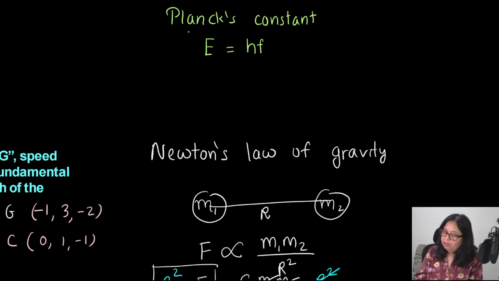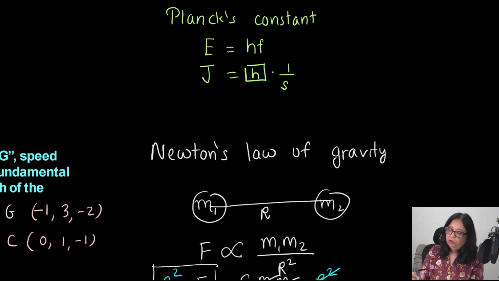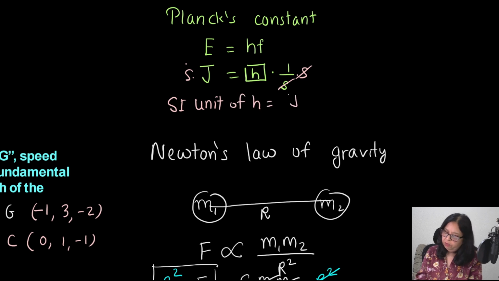Anyway, back to this. Energy is measured in joules. Let's figure out the SI units of h. Frequency is 1 over seconds. So multiply both sides by seconds. Second cancels out. So the SI unit of h is joules per second. Now, talking about the dimensional formula for h, let's figure it out.